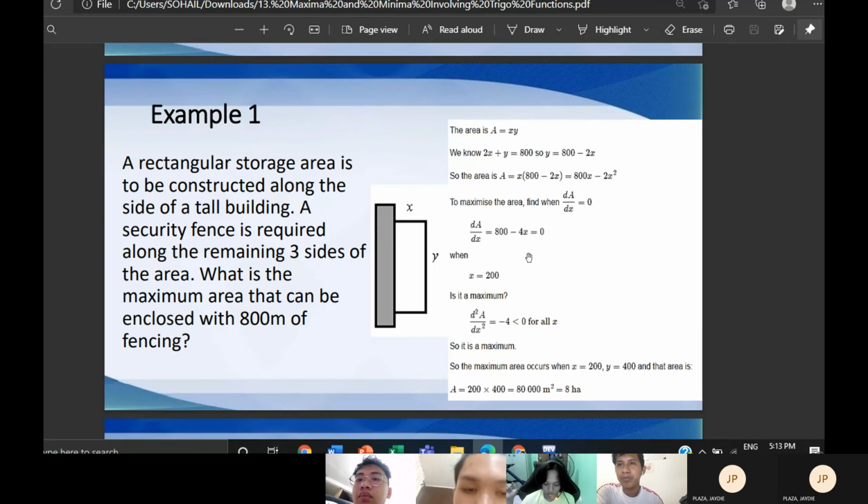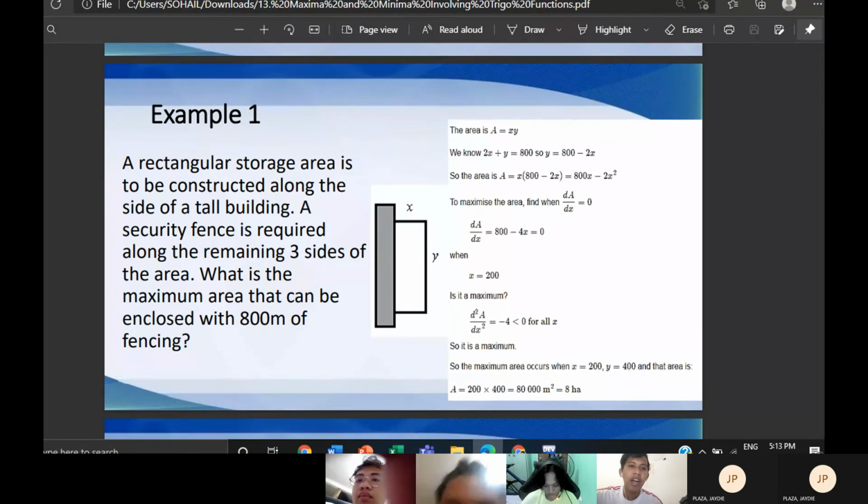Tama ba? Oo, yung 4x magiging negative 4 na lang. So, kaya ang negative 4x, less than siya sa 0, tas less than pa siya sa lahat ng x. Kaya masasabi natin siya yung maximum.